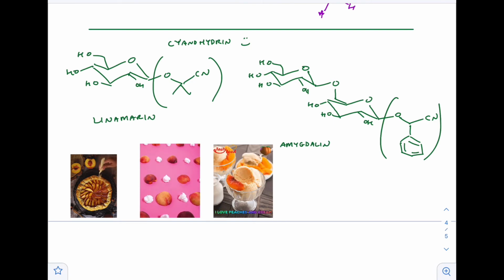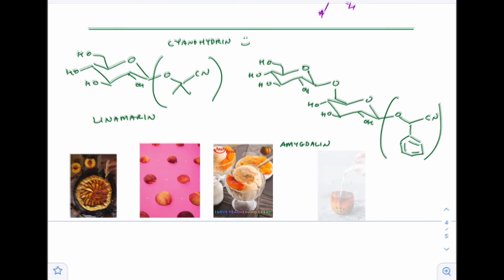So if you don't know, cassava root is the source of boba. Boba, delicious. But if it's not treated properly before you make the delicious balls of goodness, then you could die. So, like if you chewed on the root itself, like that.